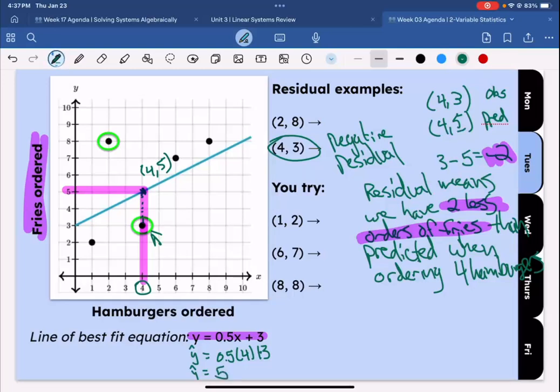So observed, which was 3, minus our predicted, which was 5, gives us -2. As you're working through these problems, there are 3 more over here that you can check. Try to practice it both with the graph and without the graph. We will continue working with residuals and what their meanings are as we continue finishing up our stats.